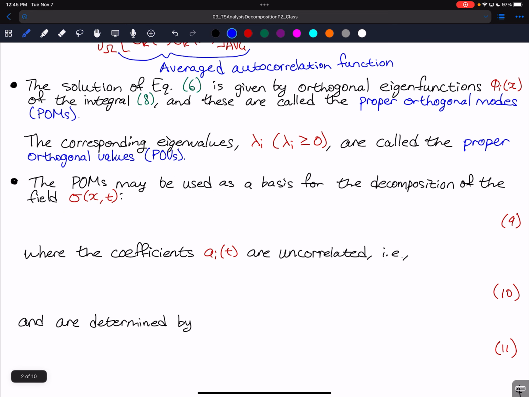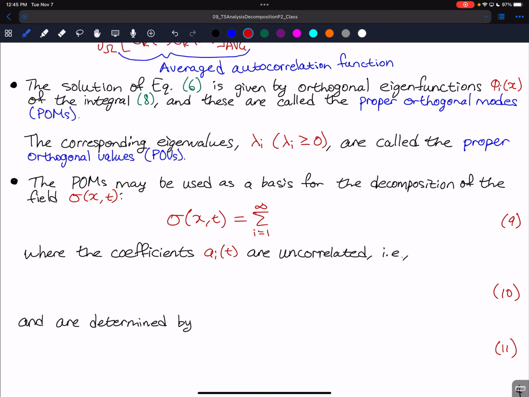We can write sigma, as a function of x and t, as being equal to, for a continuous system, a sum from i equals 1 all the way up to infinity. If we have a discrete system or a discrete data set, then it will go up to the number of degrees of freedom that you have in the data.